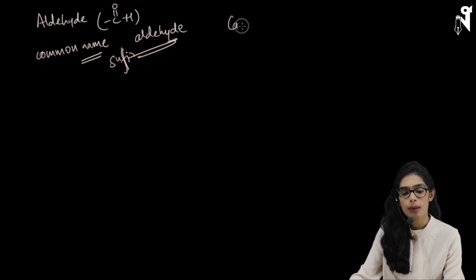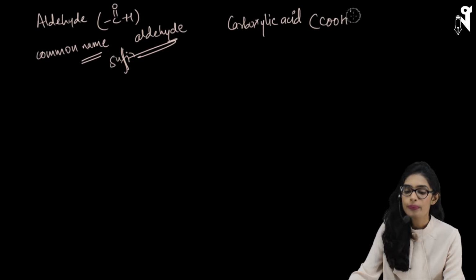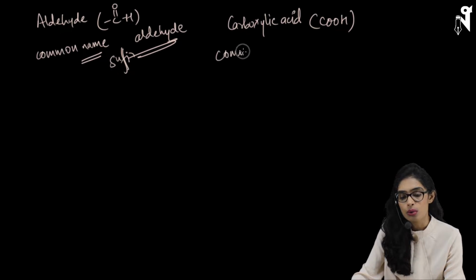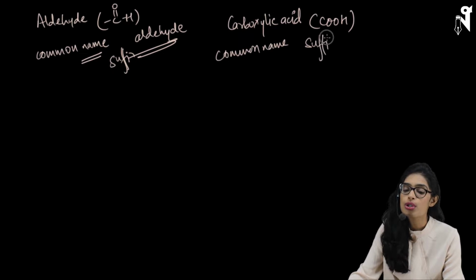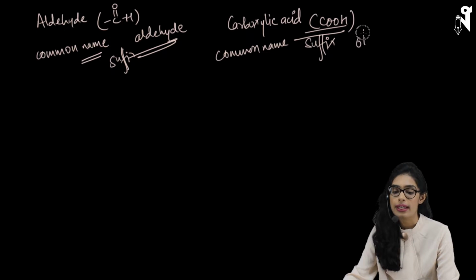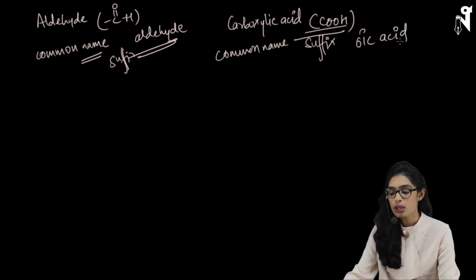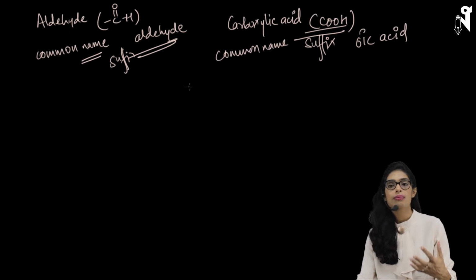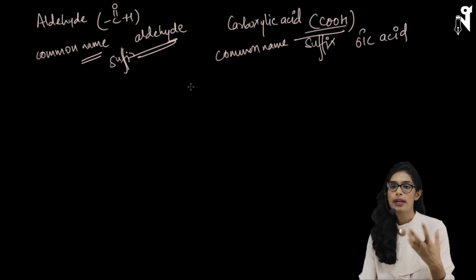Similarly, let's talk about carboxylic acid. Carboxylic acid is the COOH group, and in the common name also, the suffix I'm going to use to represent the presence of COOH is oic acid. Let's talk about these two compounds first, and then I'll come to acid chloride and amide.